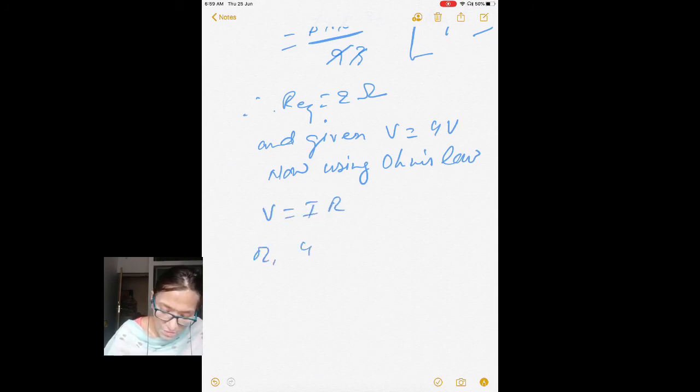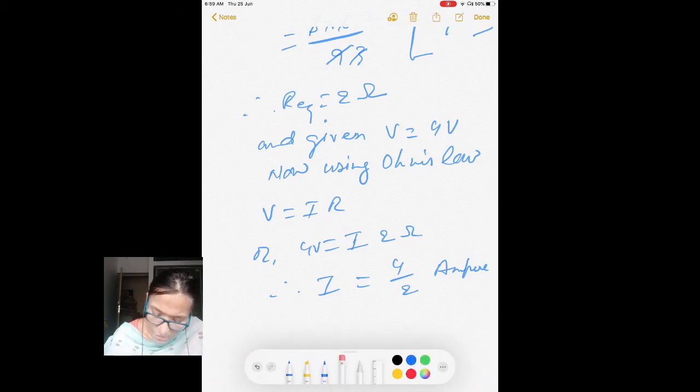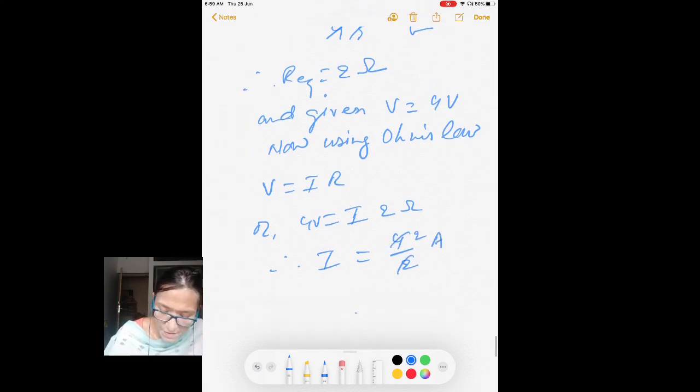Therefore I is equal to 4 by 2 ampere. Therefore I comes equal to 2 ampere. Answer.